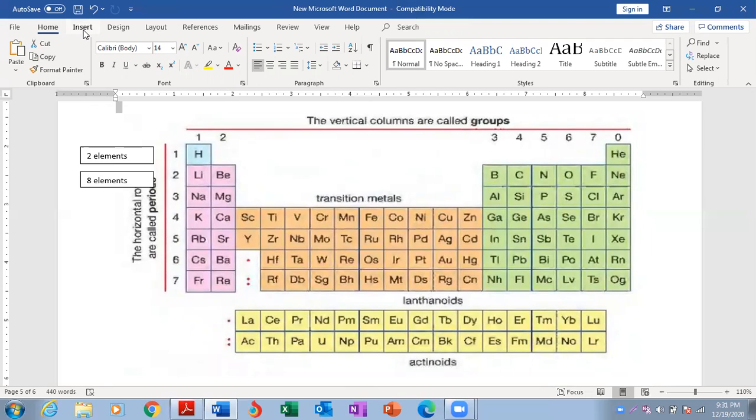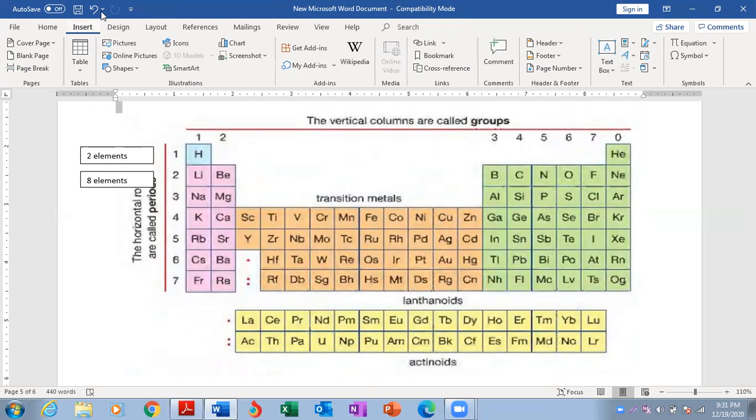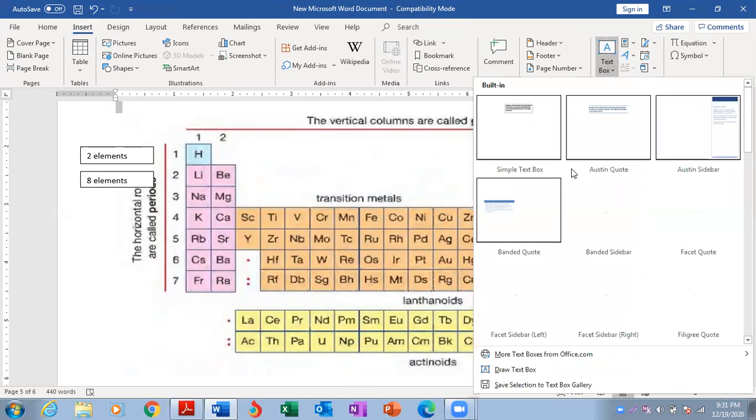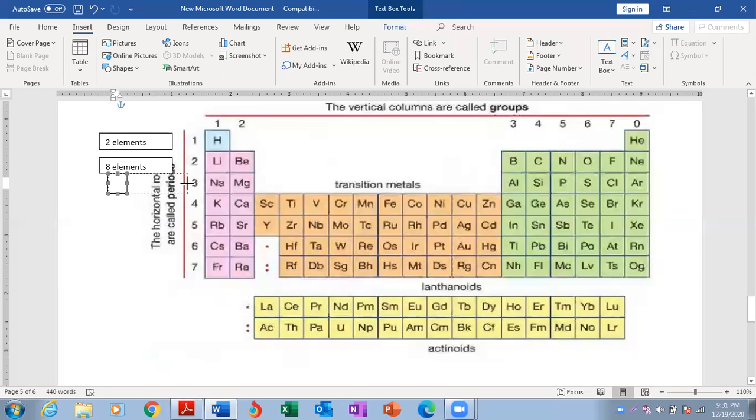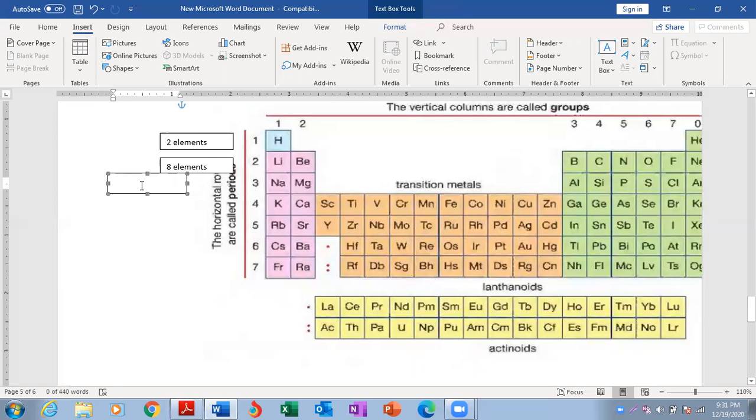Yeah, horizontal. The horizontal ones are periods, and the vertical ones are. No, I'm just talking about only horizontal now. Oh, only horizontal. Now, that one is 8 elements. Very good. You are absolutely right. 8 elements. Now, the second one also keeps 8 elements. Now you got the idea.